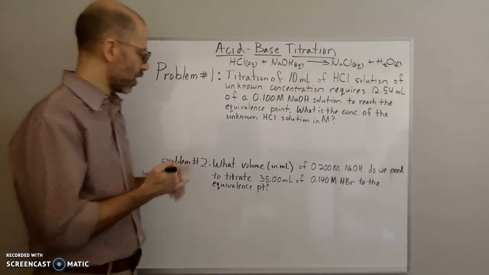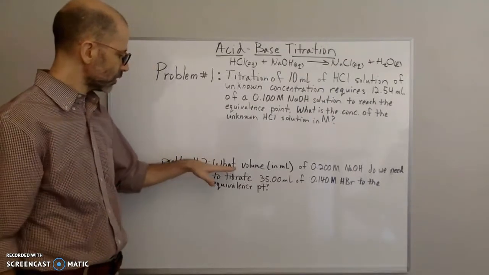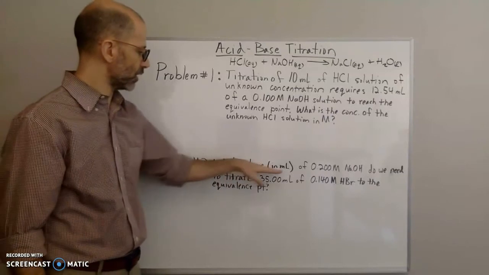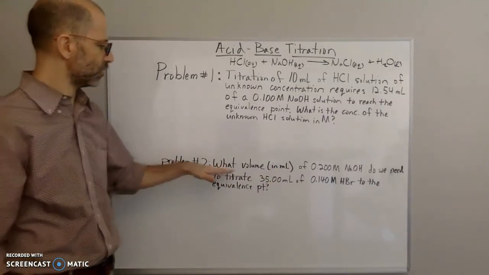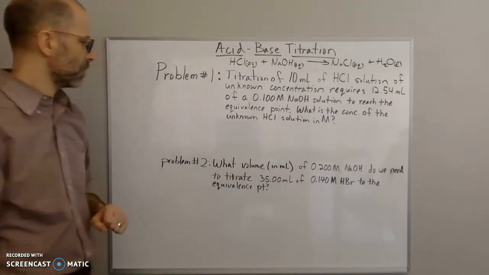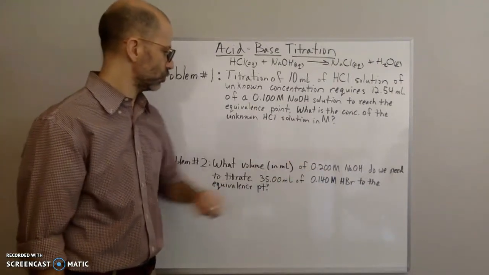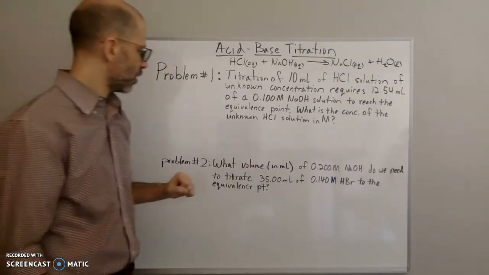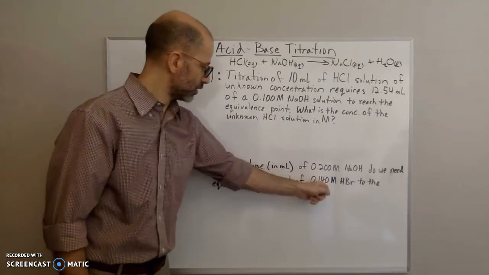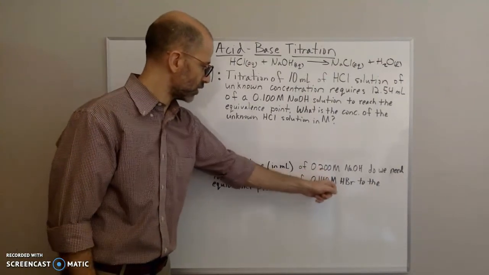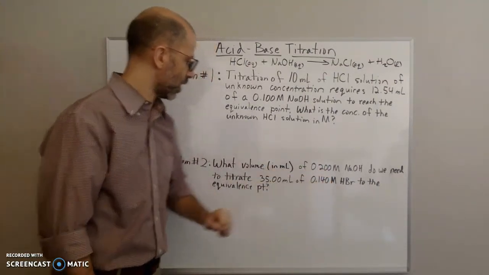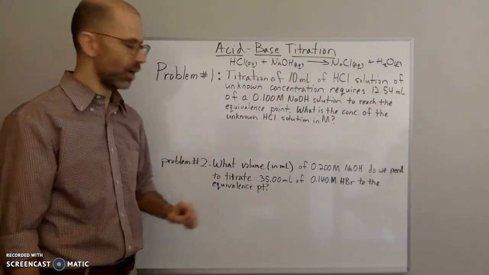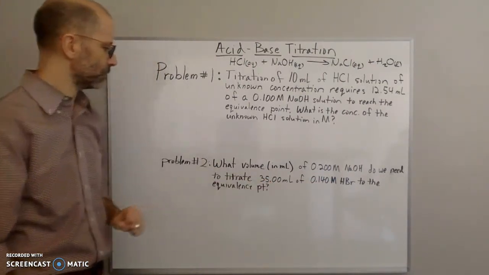So we need to figure out where we're going to begin. They're asking for a volume in milliliters, right? So we need to get to a volume in milliliters of this particular solution here. And they give us two concentrations, right? They give us the molarity of NaOH and the molarity of HBr, and they give us the volume of the HBr solution.